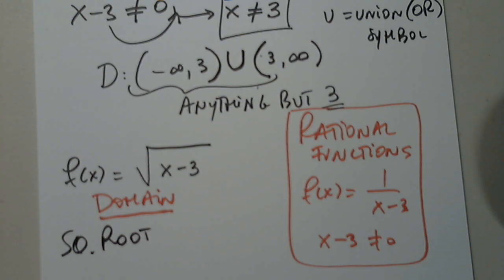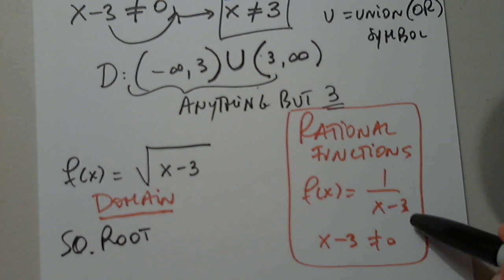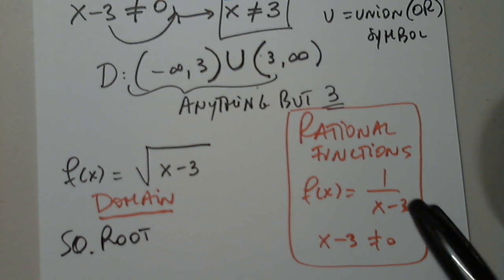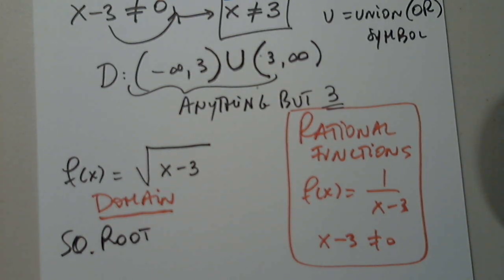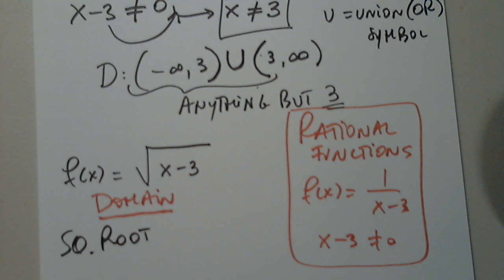So how do I find the domain? What could be the problem? The problem here is division by 0. Division by 0 is a problem. But here, what could be the problem? Anyone remembers?